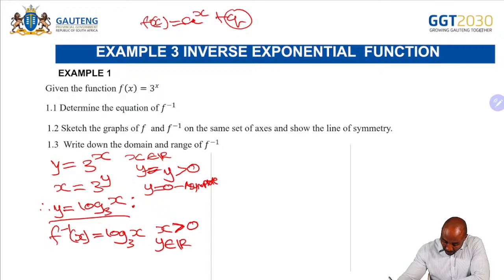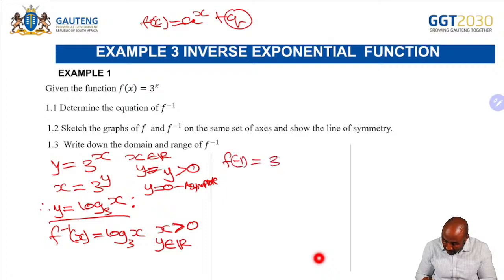1.2, we are supposed to sketch the graph of f and f inverse on the same set of axes and show the line of symmetry. Now, we are able to do this by saying for our f of x, I can use f of negative 1.